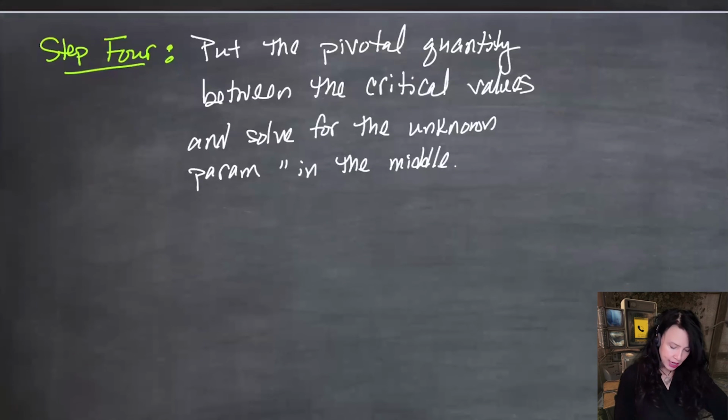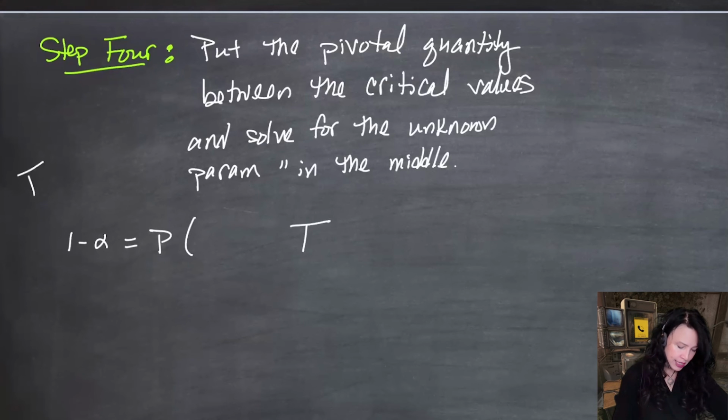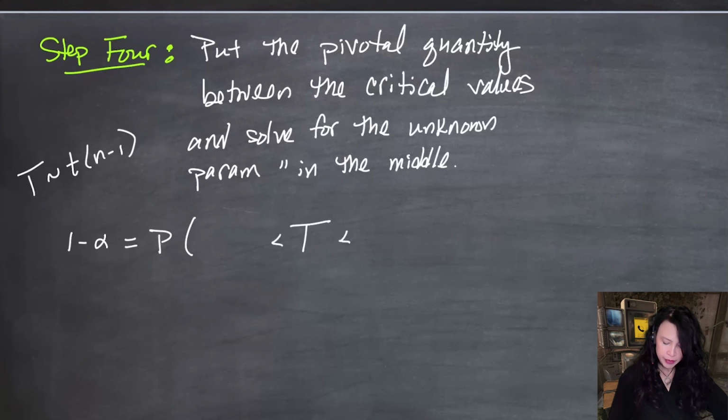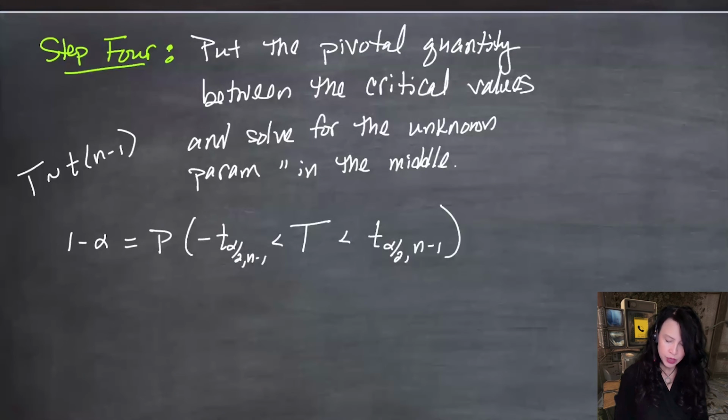Okay, in our case, we get area 1 minus alpha if we put a t random variable, where t is a t distribution with n-1 degrees of freedom. One of several ways we can do this is to put it between the critical value t sub alpha over 2 comma n-1 in our new notation, and because this distribution is symmetric, negative t alpha over 2 comma n-1.